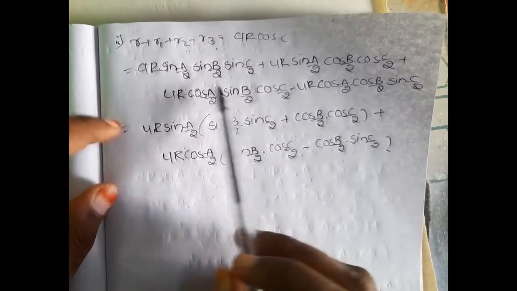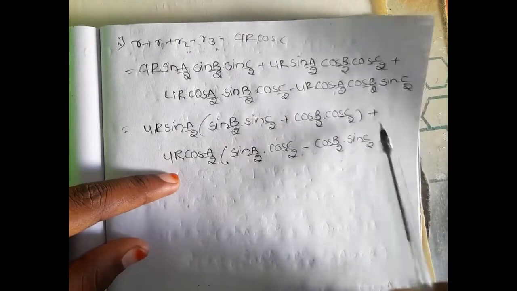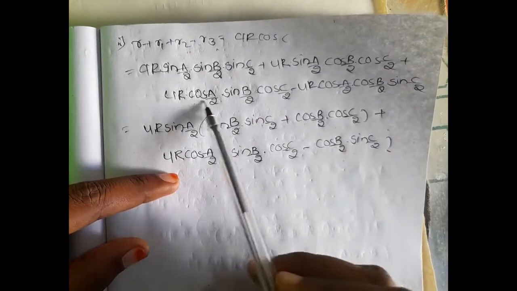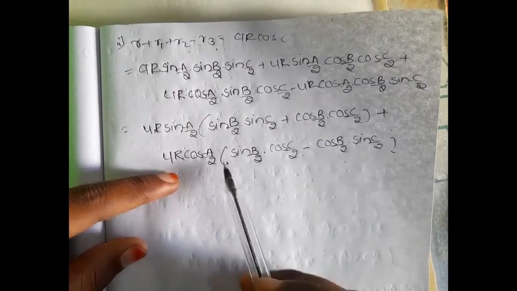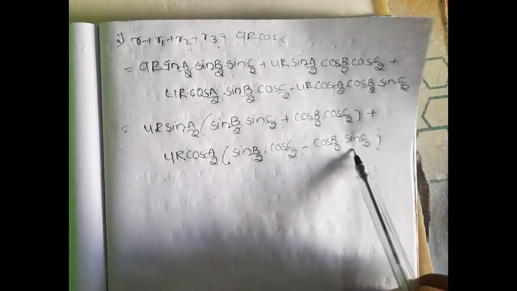From here 4R sin A by 2 common, so what we are left with is sin B by 2 sin C by 2 plus cos B by 2 cos C by 2, plus 4R cos A by 2 was taken common, sin B by 2 cos C by 2 minus cos B by 2 sin C by 2.